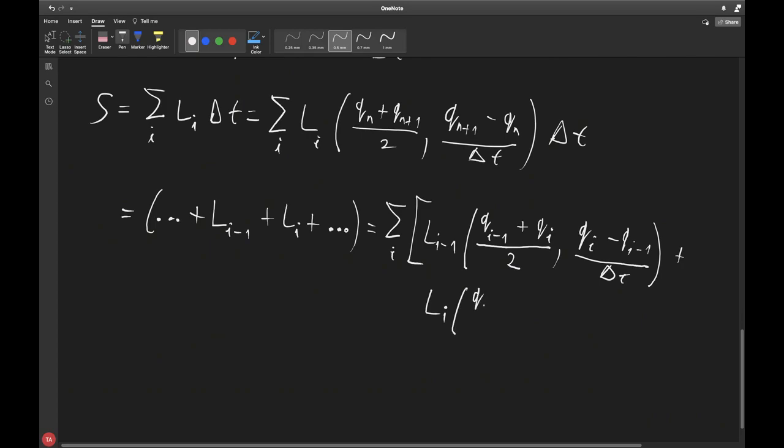So that's just easy. Everywhere where we had L, we just replace that with i. So that's q_i plus q_{i+1} over 2 plus q_{i+1} minus q_i divided by the delta t. And I close this bracket, and I can close the big bracket as well.